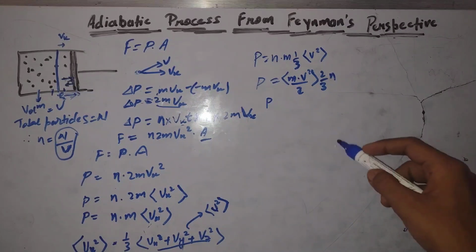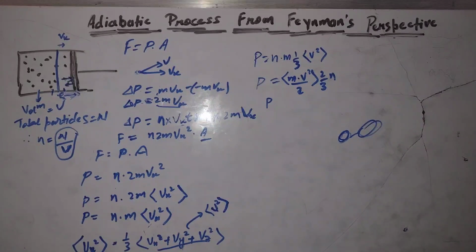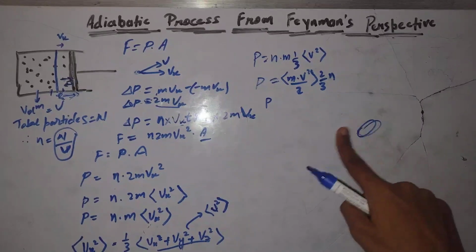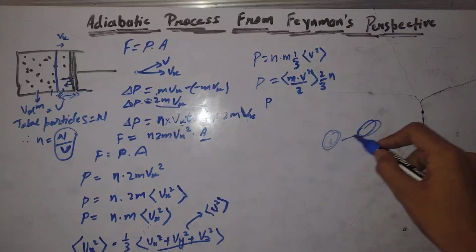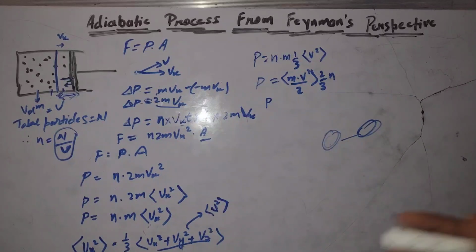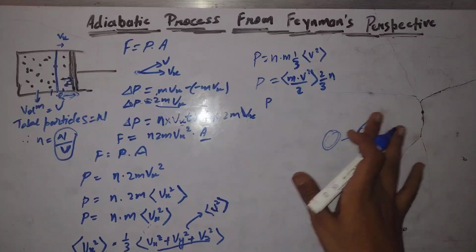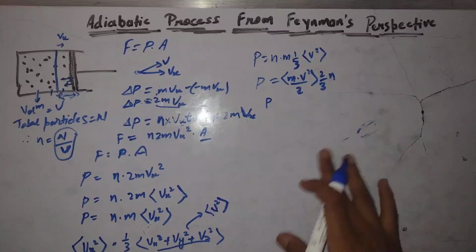If there are two-atom molecules, let's say CO, then these molecules will vibrate along the bond, and the energy will be not just kinetic energy but also vibrational energy. But we are not considering this right now. We are talking about monoatomic gases.